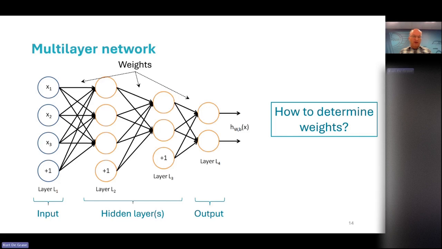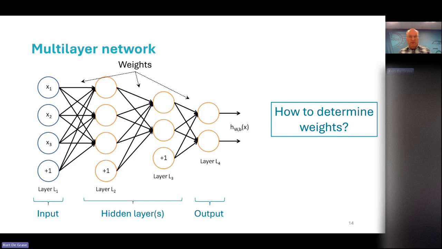Okay, so in a multi-layer perceptron like this one, you have inputs and outputs, and in between are hidden layers. Each subsequent layer is computed from the previous one using the values of the nodes before, the neurons before, multiplied by weights. So there are a lot of weights involved.